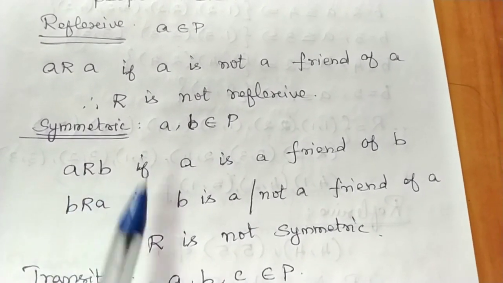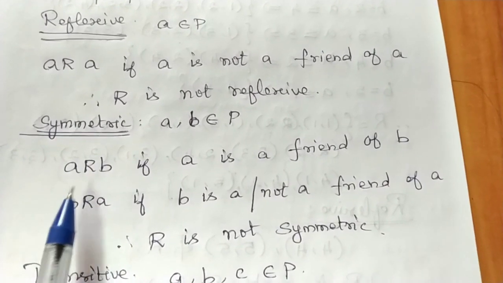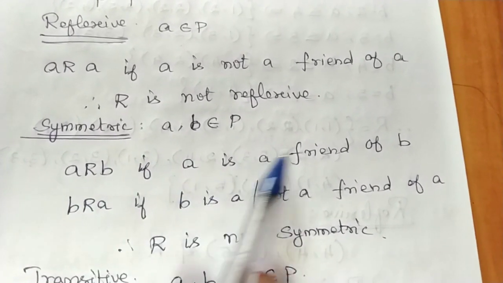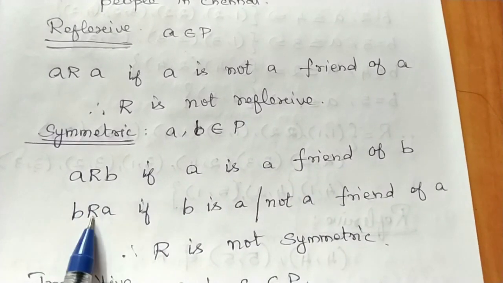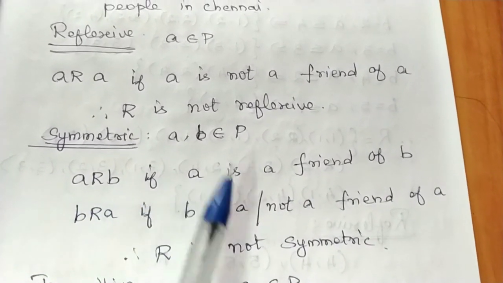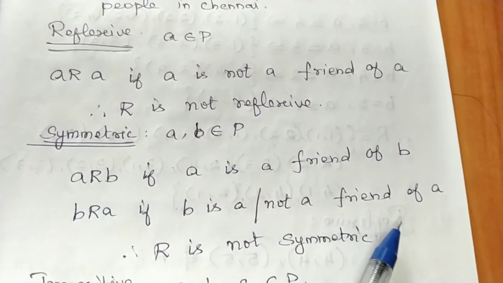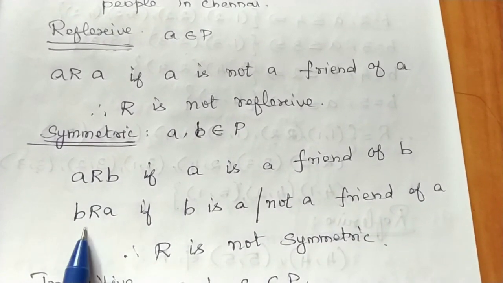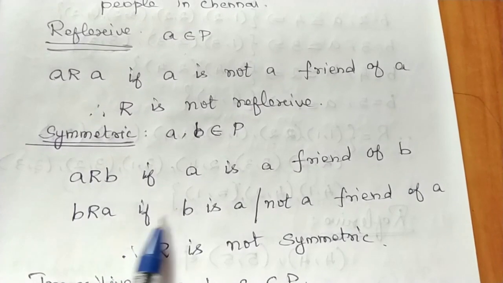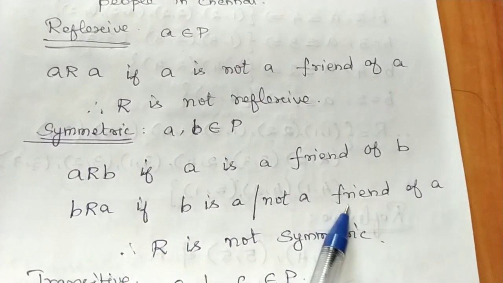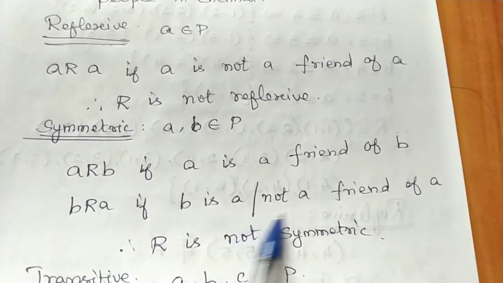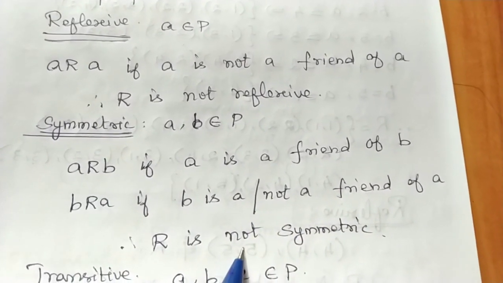Kala thinks Mala is a friend, but Mala thinks Kala may or may not be a friend. Similarly, B related to A means B is a friend or B is not a friend of A. So it is not symmetric.